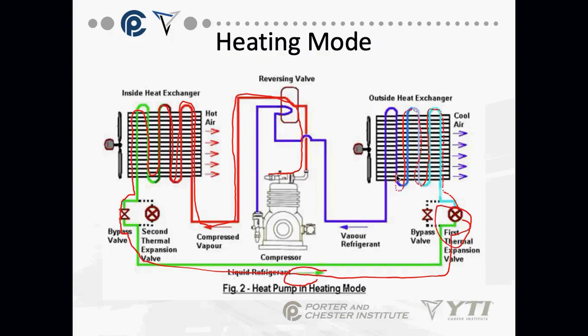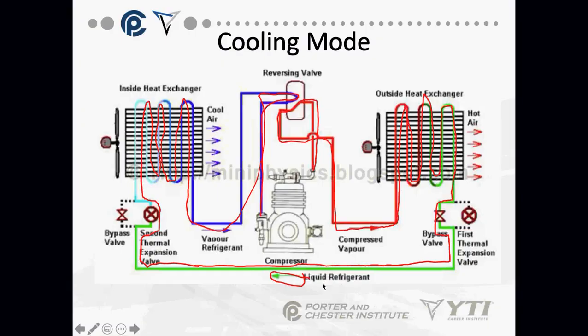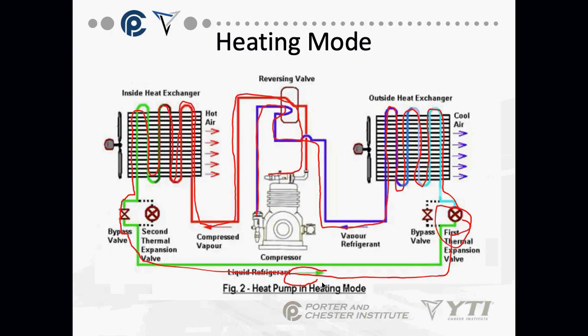Come out of the outside coil with the superheated vapor, and I come back through the reversing valve to the compressor. All I'm doing is reversing the flow of the refrigerant through the liquid line and through the coils. Does that help?